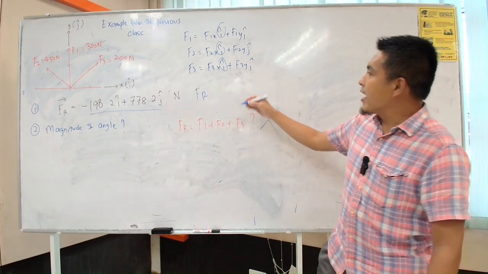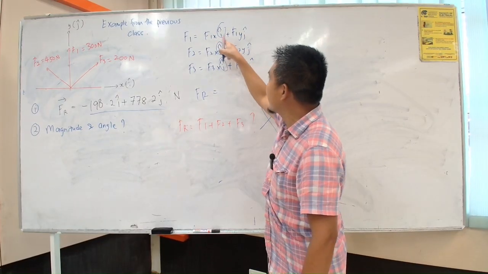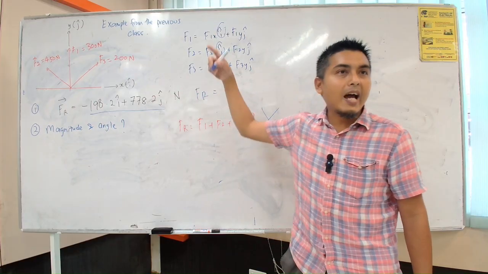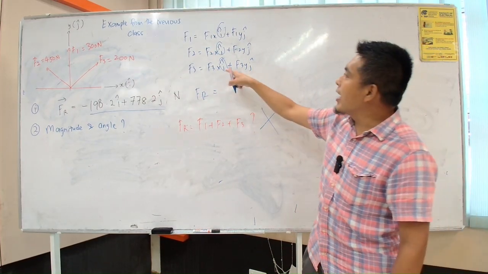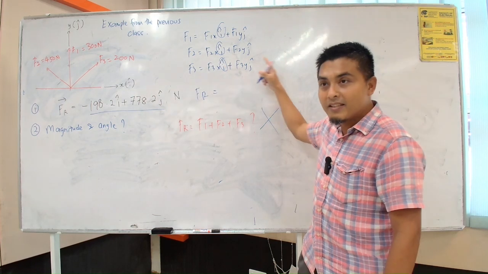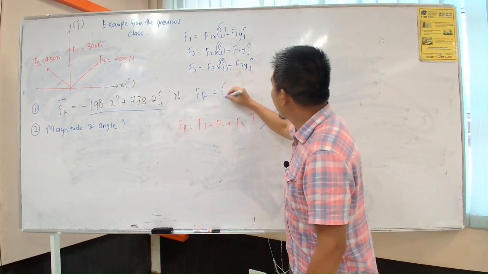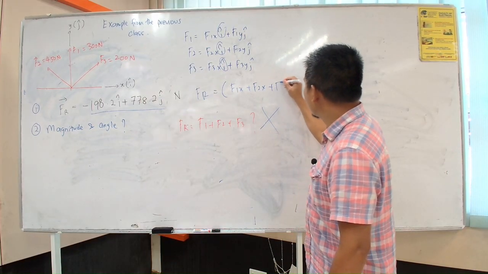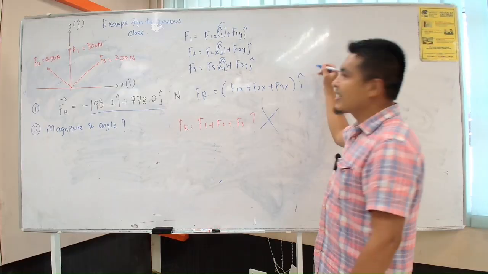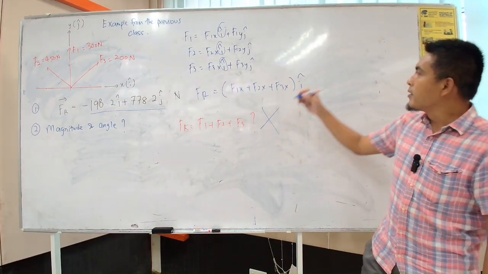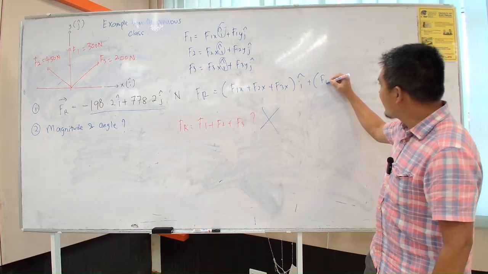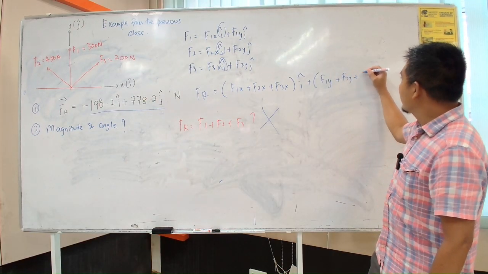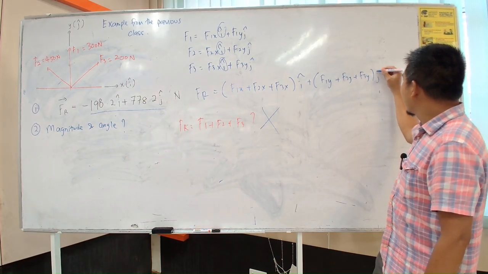Okay, for the Fr, F1 you need to separate in I and J direction. F2 you need to separate in I and J direction. And also F3 you need to separate into I and J direction. Then your Fr will be F1x plus F2x plus F3x in I direction, plus F1y plus F2y plus F3y in J direction.